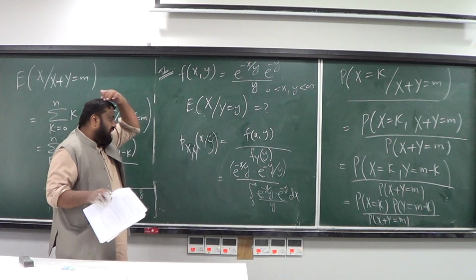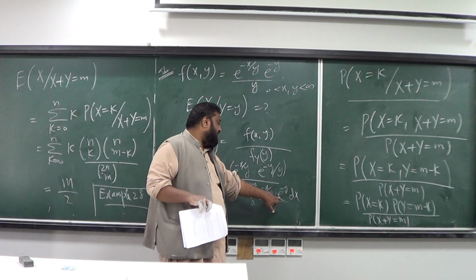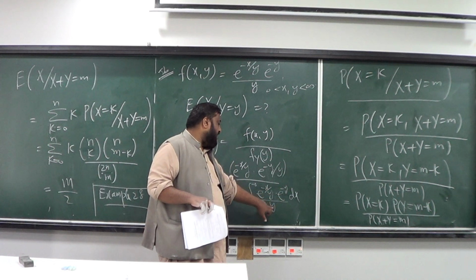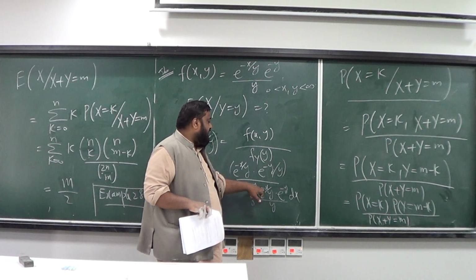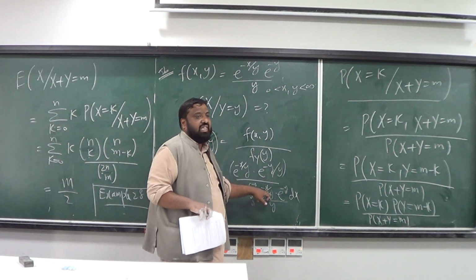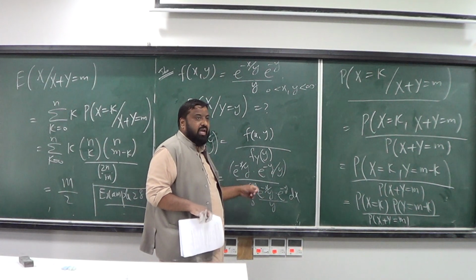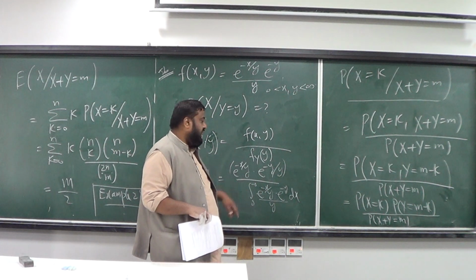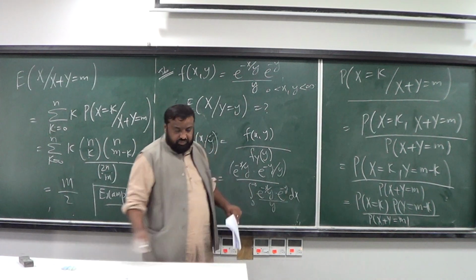Now this integral is with respect to x, so you can take e to the minus y by y outside, and treat it like a constant. The integral of e to the minus x over y is going to be e to the minus x over y divided by minus 1 over y.